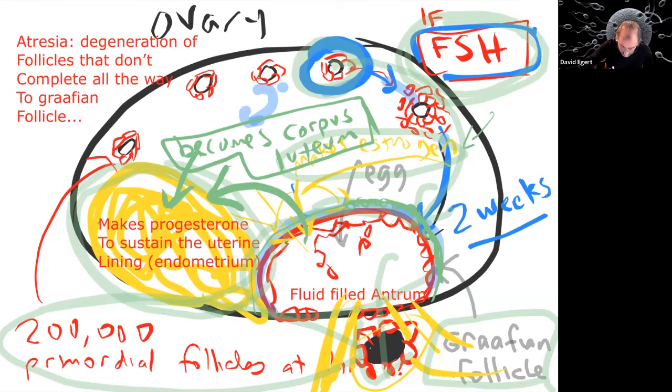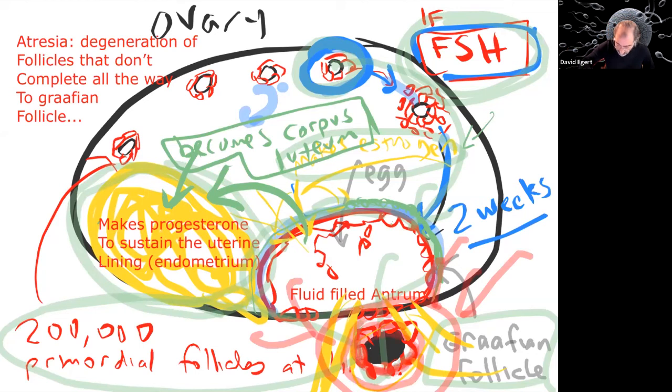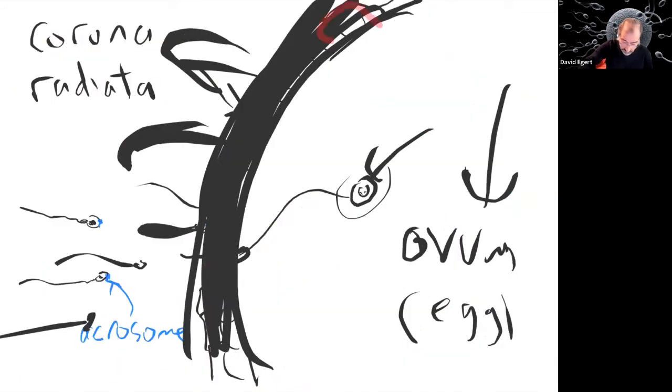If you just take a look at the egg here, you can see as it's ovulated, it's still surrounded by some of these granulosa cells that made up the whole follicle. That corona radiata that we were talking about back over here is surrounding the egg.